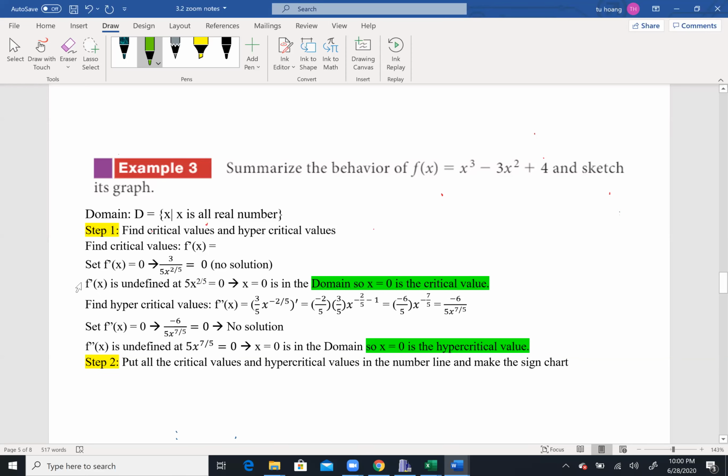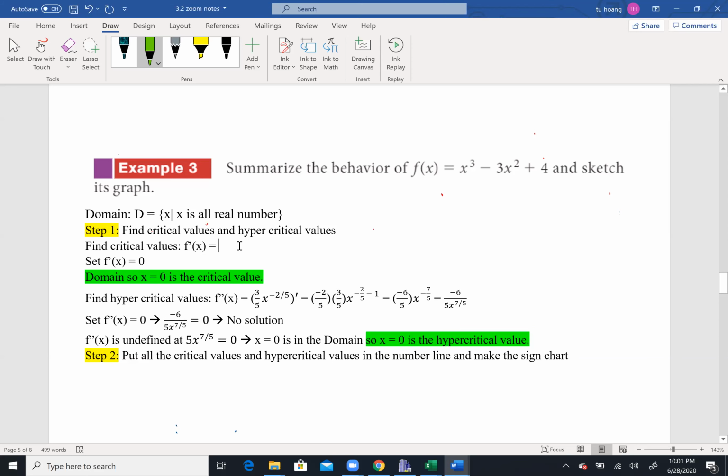Okay, for the first one, f derivative of x will be what? 3x squared. This will be an easy one, right? And minus, 3 times 2 is 6, 6x, and 4 becomes 0.